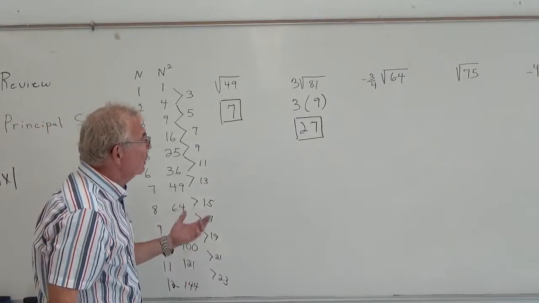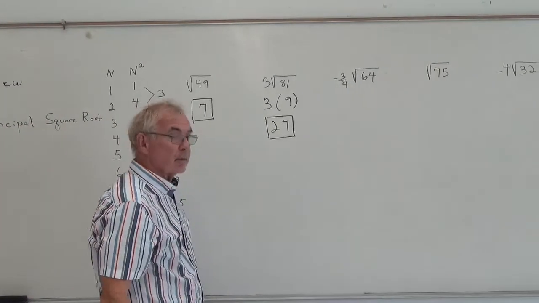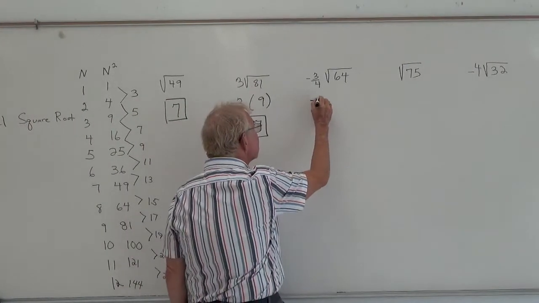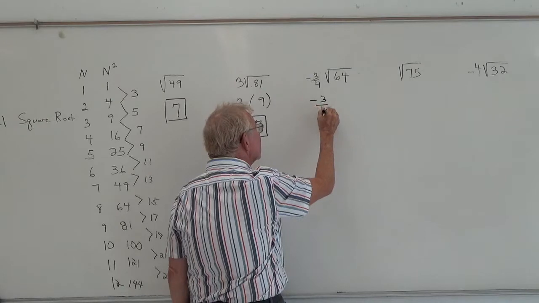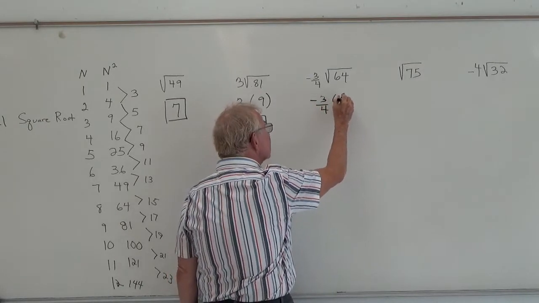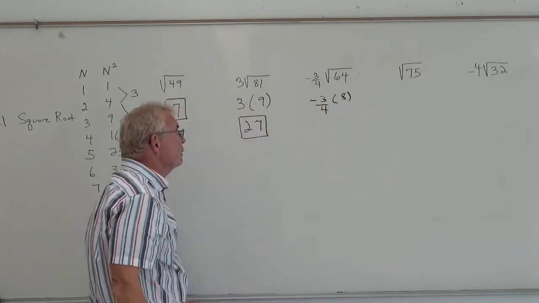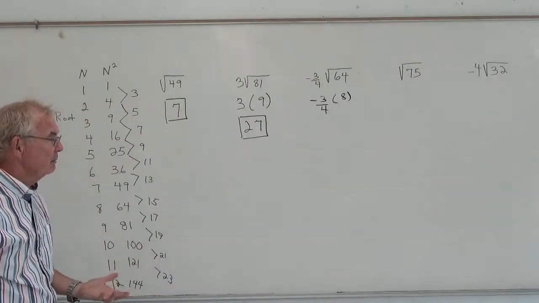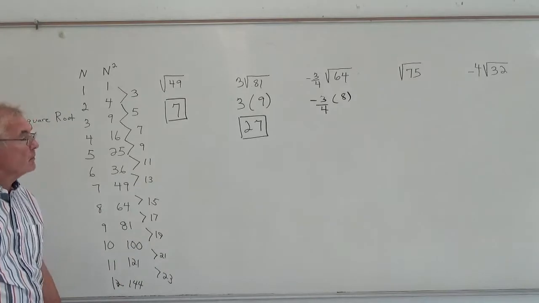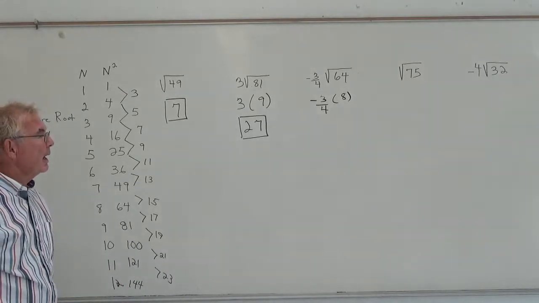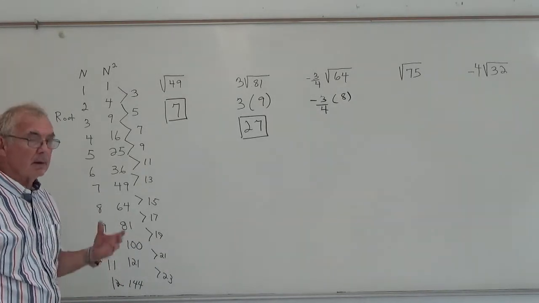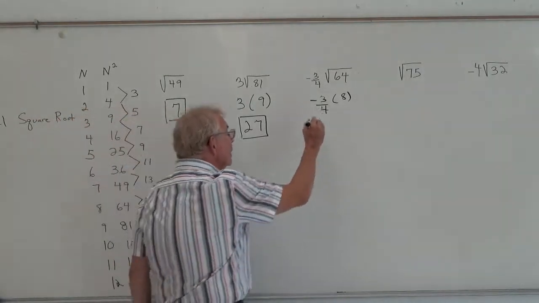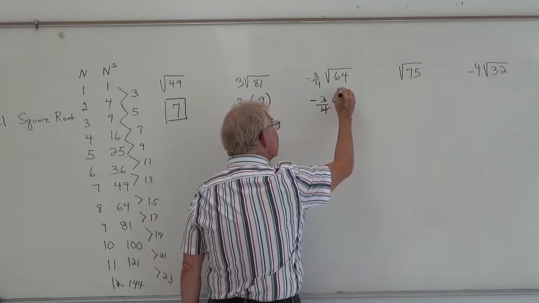Now, I'd like to incorporate fractions in my problems. So our third example is -3/4 times the square root of 64. So what is the square root of 64? Principal square root. Look at the list, we put 8. Now, you have 2 options. Do you want to multiply the -3 times the 8 and divide by 4? Some do. But I look at it this way. I like to make the numbers as small as possible. I would prefer you to look at 8 over 4 and that leaves you 2.